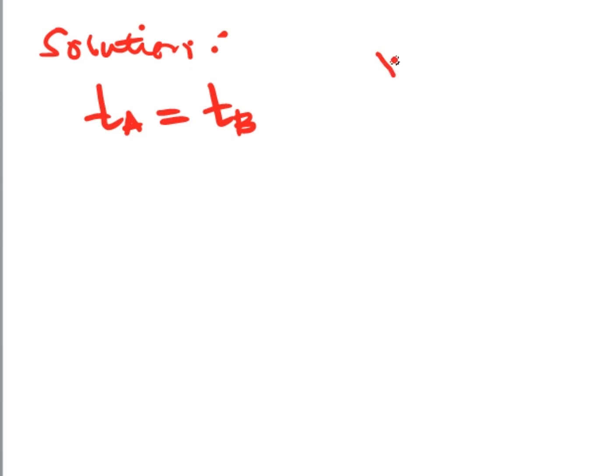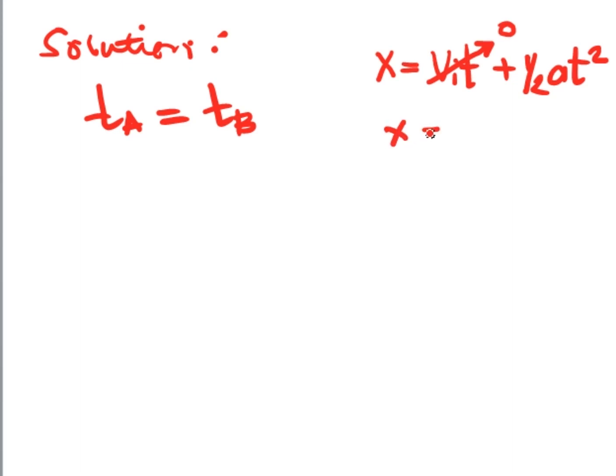According to equation number 3, x is equal to v initial t plus 1/2 acceleration time squared. But since both cars start from rest, the initial velocity is 0, so this term will just be equal to 0. What is left is x is equal to 1/2 a t squared.